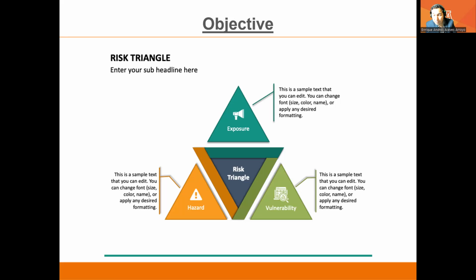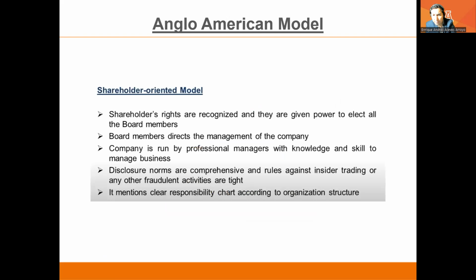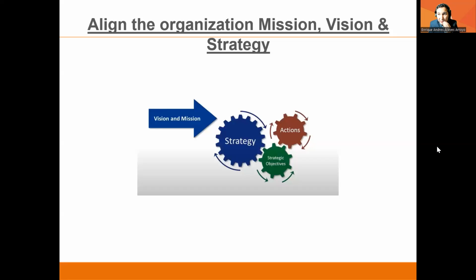And another one of the main risks we will find, and probably one of the biggest ones, is that you will be seeing a lot of cases of lack of corporate governance, even in public companies.